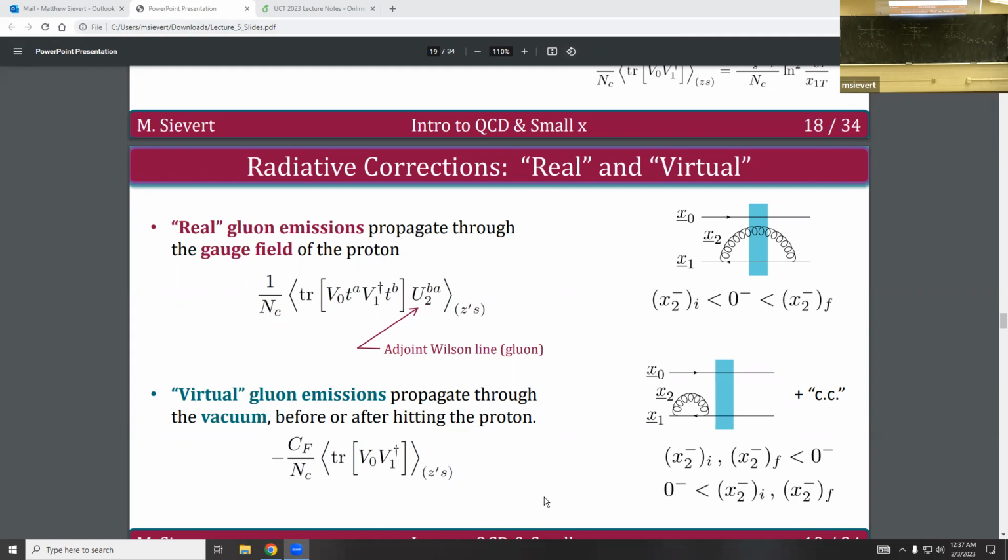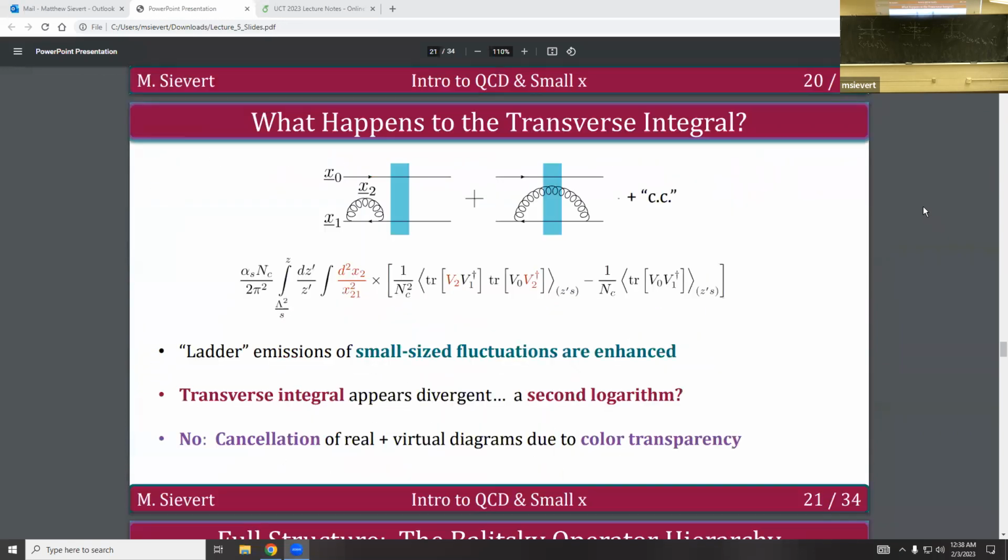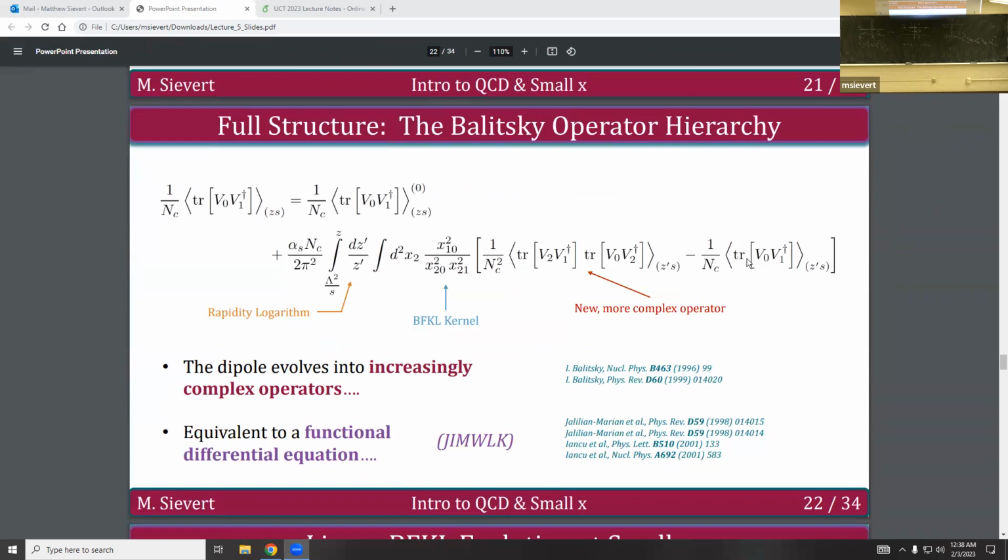So this U2BA is the same thing as 2 times the trace of the Wilson line V2 TB, V2 dagger TA. So you can relate the color indices here to insertions of the fundamental matrices TA and TB, and then the gluon shows up as a V times a V dagger. That's the substitution that's been made for these real corrections. And then the repeated A's and B's can get simplified by using the Fierz identity. I showed that before. So that's how the scattering operators get simplified down completely in terms of dipoles.